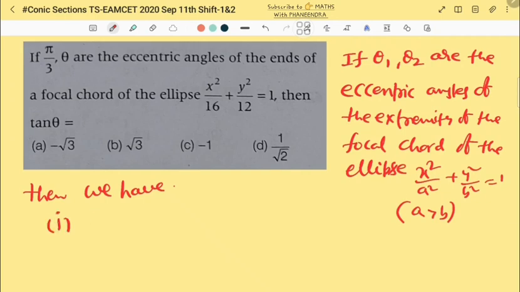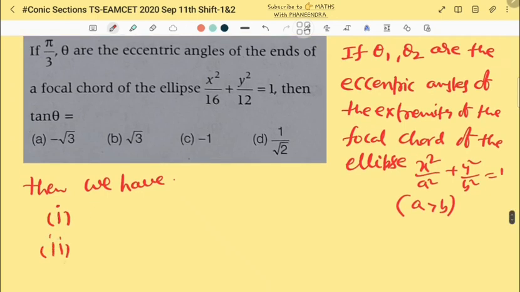Based on this, the question was given in the MSET, dear students. You remember both the standard results which are very important.